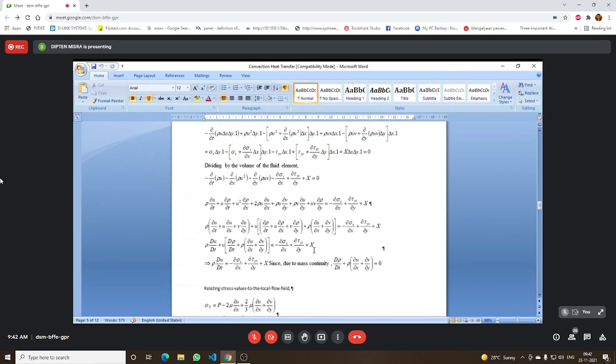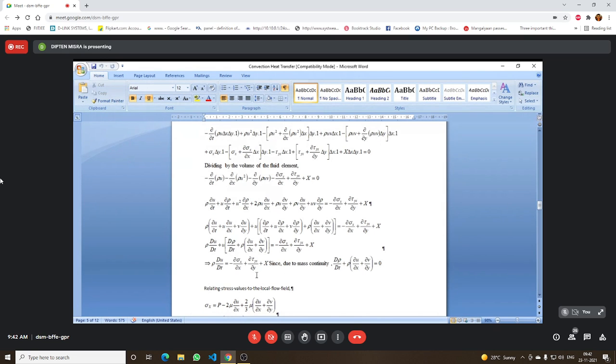Minus rho into g is the force acting on the body in a downward direction, opposite to the positive y direction, and that force will be the force acting on the body per unit volume of the body. So the total force will be minus rho into g into delta x into delta y, which is the volume of the control volume, into 1.